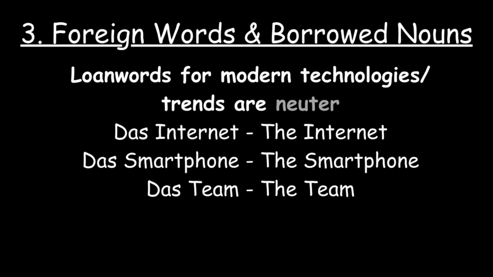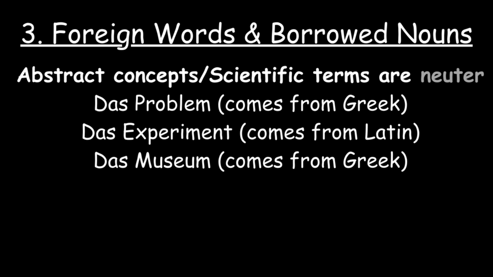Loan words for modern technologies or trends are also neuter. Das Internet, das Smartphone, das Team. Abstract concepts or scientific terms are also neuter, because they come from other languages, like Latin or Greek. Das Problem, das Experiment, das Museum.